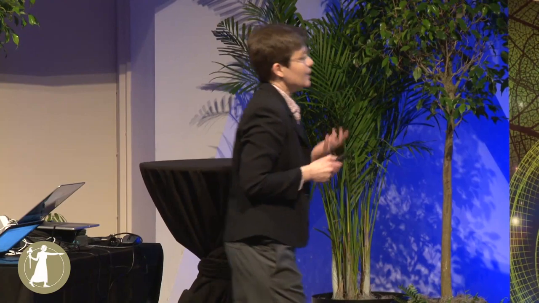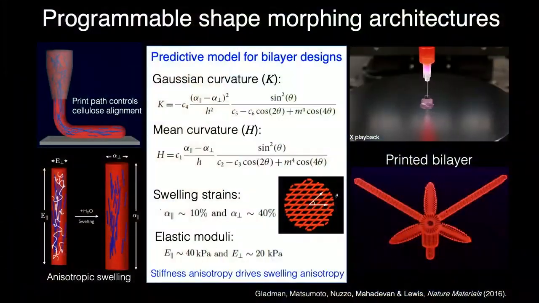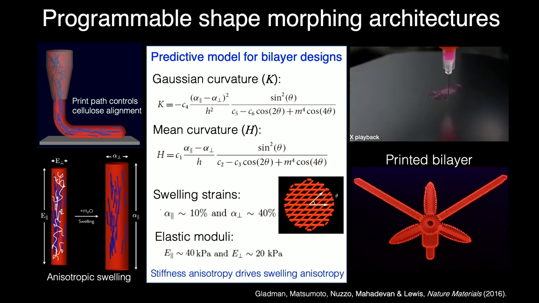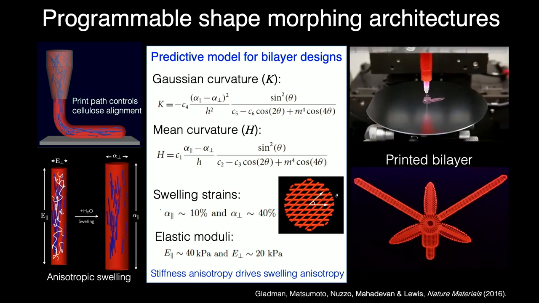So we were able to design an ink that essentially mimicked the cell walls of plants. So this is a hydrogel with cellulose fibrils. We can orient those. We can measure their experimental swelling strains and stiffness anisotropy.